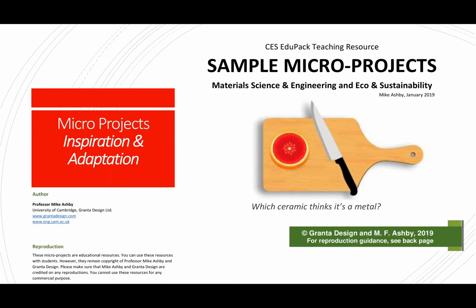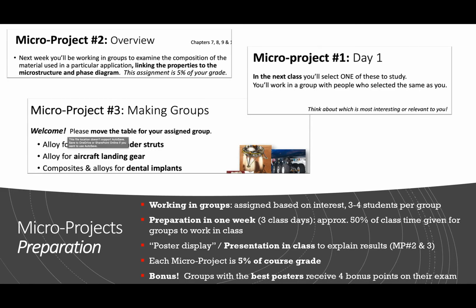The challenge was to do this in a high enrollment class, with on average 200 students per semester. They were working in groups assigned based on interest, 3 to 4 students per group. Well, I gradually increased it up to 6 students.